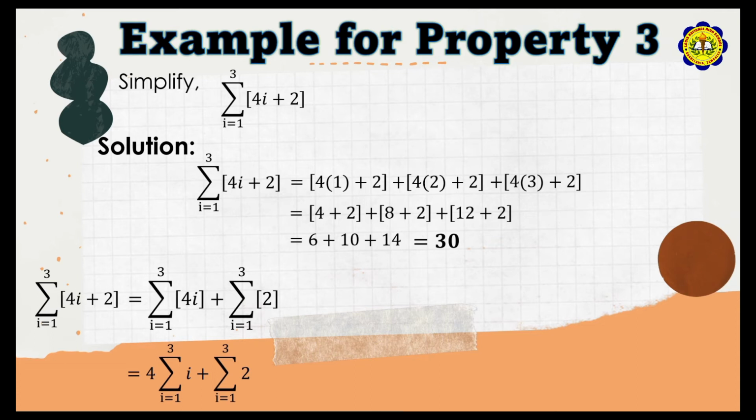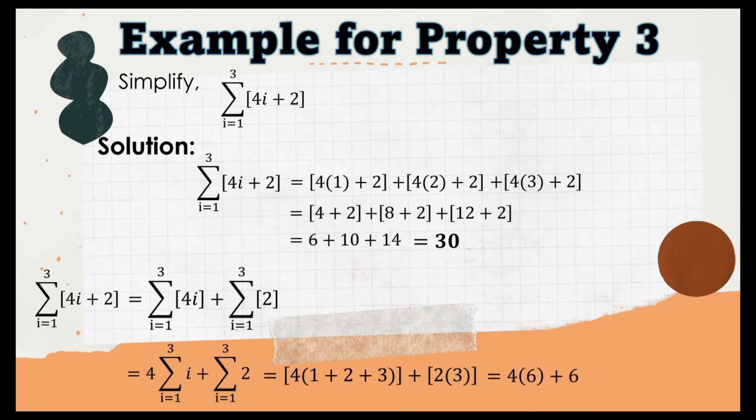Therefore, it is 4 times the summation of i from i equals 1 to 3 plus the summation of 2 from i equals 1 to 3, which is 4 times 1 plus 2 plus 3, plus 2 times 3. That is 4 times 6 plus 2 times 3, which is 4 times 6 is 24 plus 6, and the answer is 30.